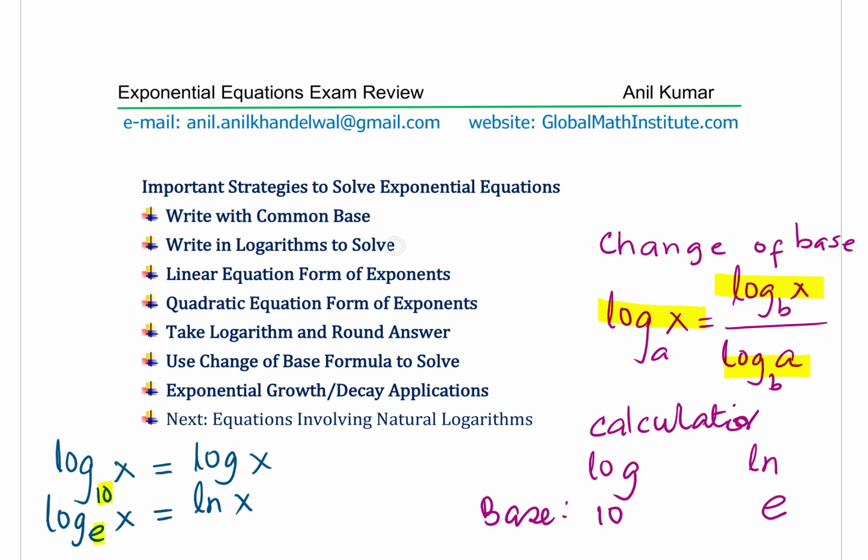So these are the two choices for you. Make a common base, or you use logarithms. While in between, as you solve all the types of equations, you could have linear equation types, you could have quadratic equation types, and those could be solved in standard ways. And then at the end, you could use log to the base 10 to get the answer.